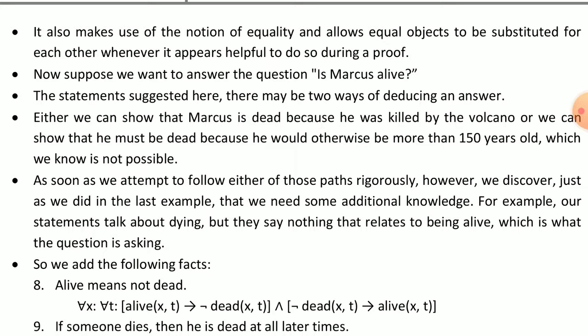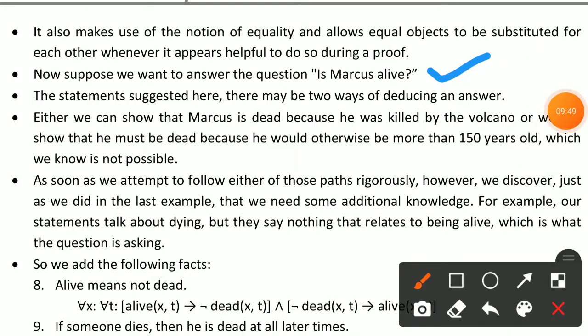Now suppose we want to answer a question. Suppose we make one question: is Marcus alive? And we can get the question's answer. So we use computable functions and predicate logic here. This statement suggests that two ways are possible: Marcus died or Marcus is alive.